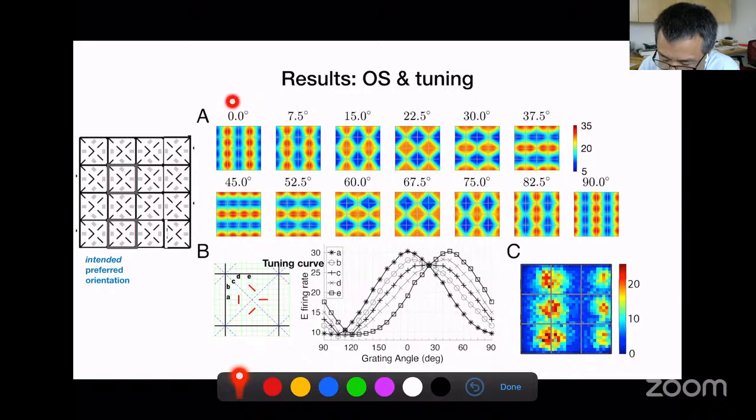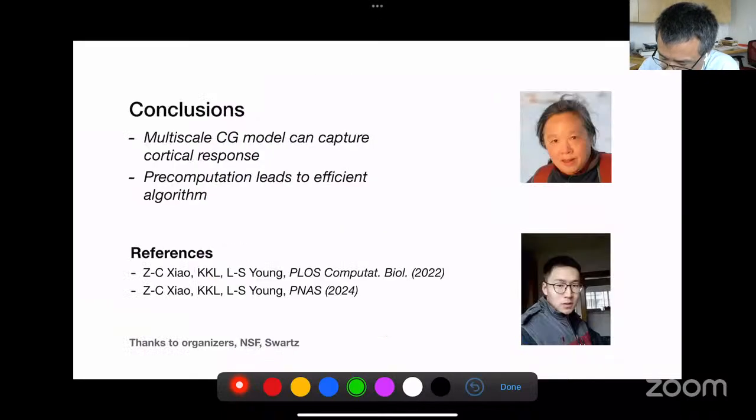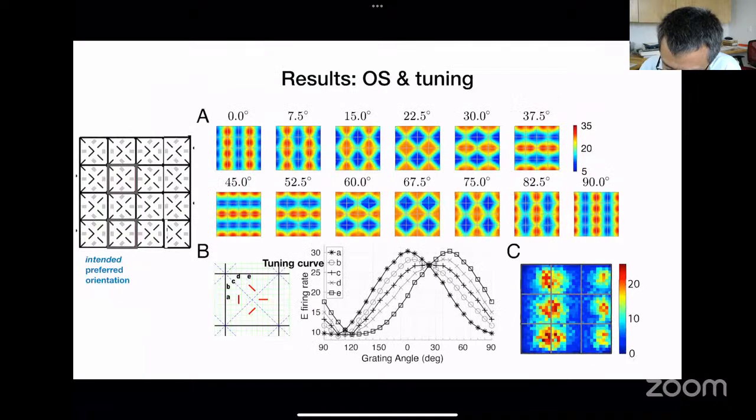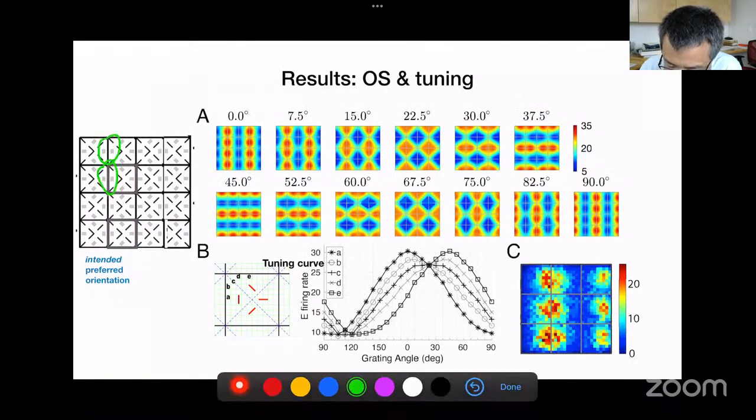This is similar to the pictures that I showed before. 0 degrees means a vertical grating. In this picture, what you expect is that the cells in these domains, which prefer the vertical grating, really like it, so they fire very vigorously.